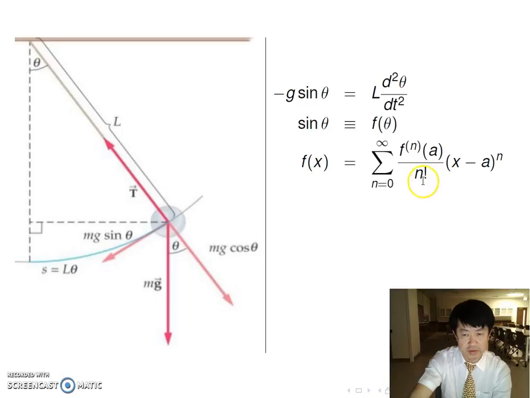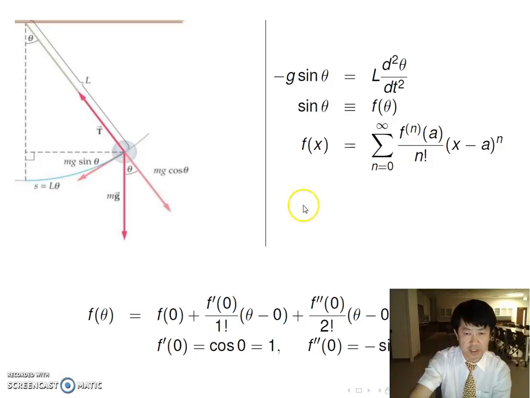And that will be divided by n factorial. n is the same as the differentiation order, and that gets multiplied by the variable minus the interesting point, raised to the power n. So here x is theta because the variable is theta, and a is 0. So f of theta, which is sine theta, if you use the Taylor expansion, you can write it as f of 0, where n is 0, which means we don't take a derivative.